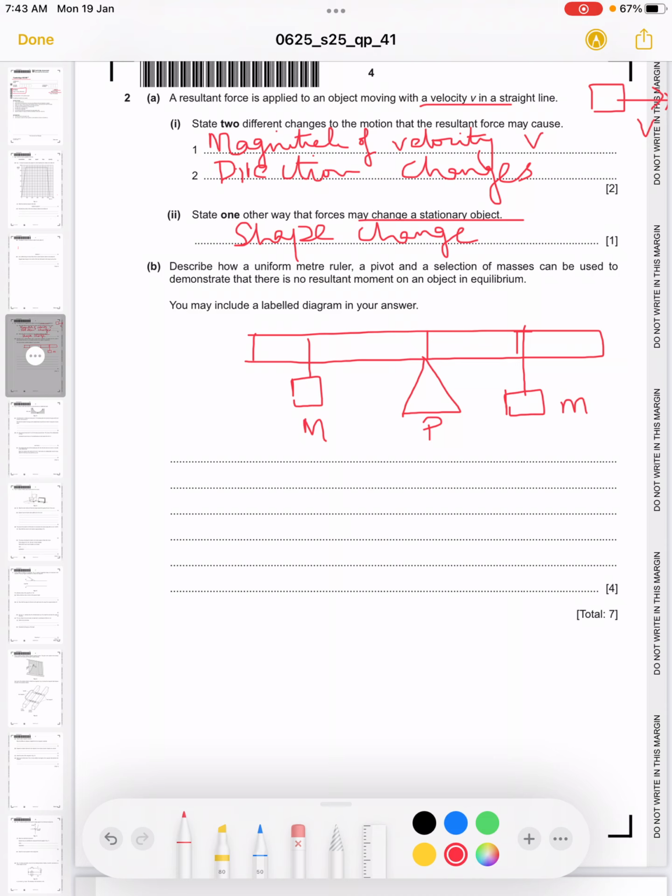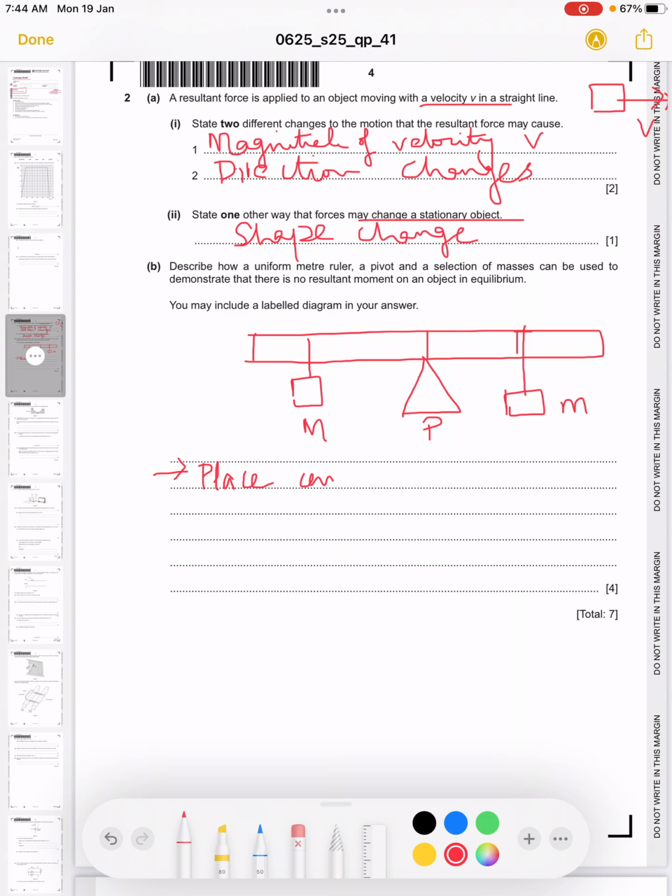Let's give them the answer. It's a 4 marks question, so you have to give 4 solid points. The first one is how we will make the setup. We place the center of the meter ruler on the pivot. If in the question they don't give a uniform meter ruler, then you have to place the center of mass on the pivot.